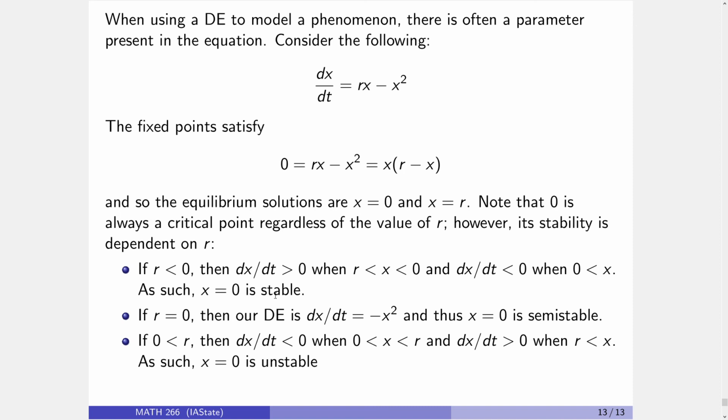That should be x is less than 0. Let me fix that. Very professional, I know. All right. So when x is bigger than 0 and less than r, so when it's near 0, then the derivative is negative. But if it's below 0, the derivative is positive.